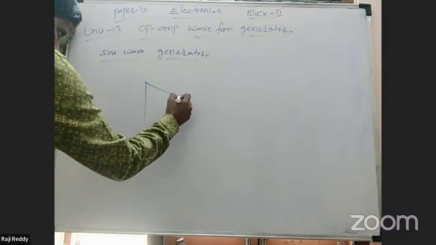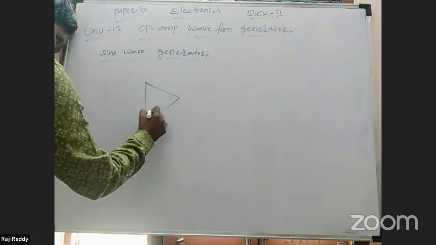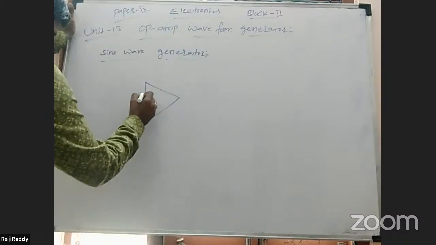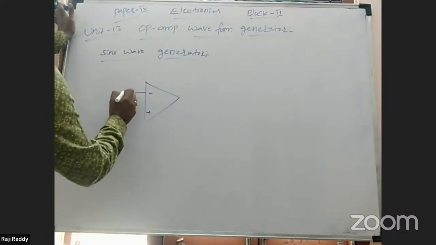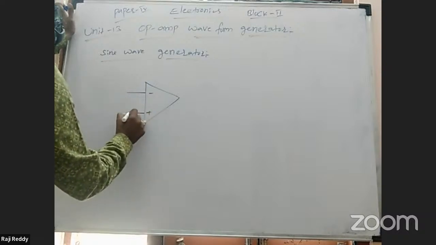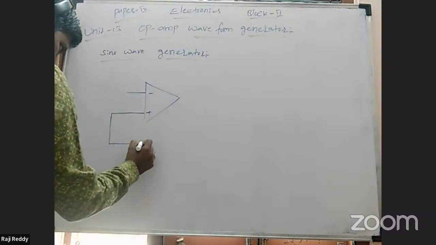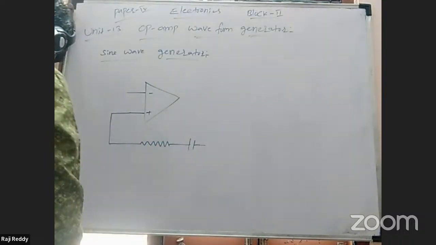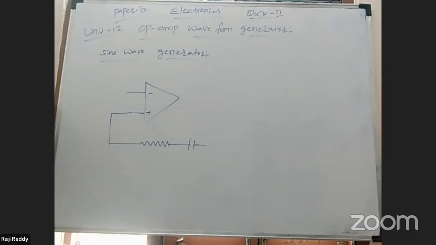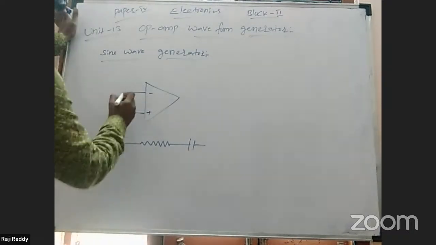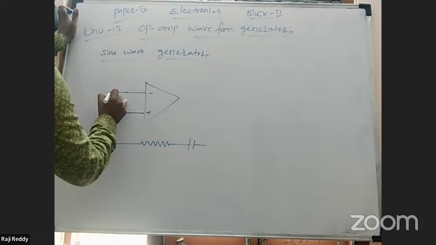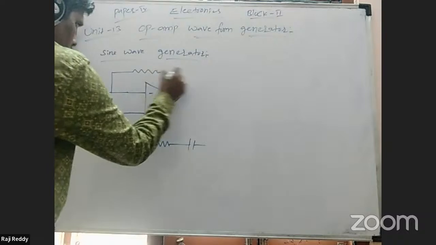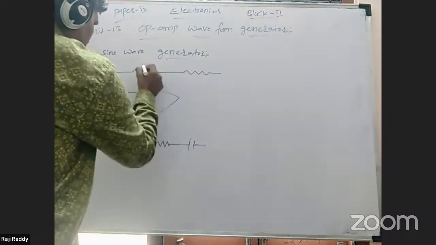You can take the operational amplifier connection, plus and minus, inverting pin and non-inverting pin. The non-inverting pin is connected to a resistance and capacitor in series to the bypass, and again this is connected to ground, which is connected to bypass resistors R1, R2.